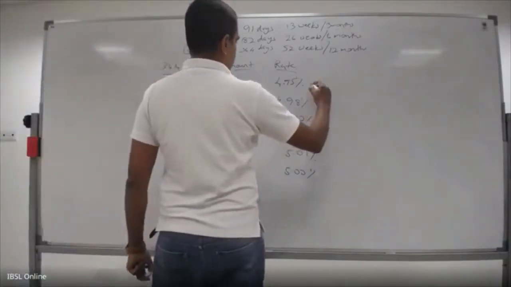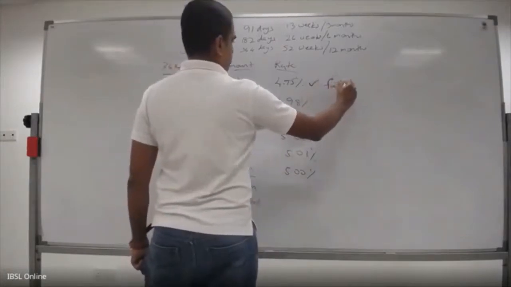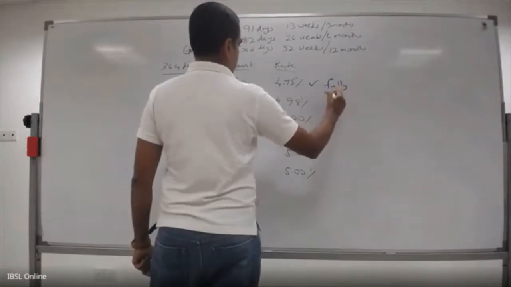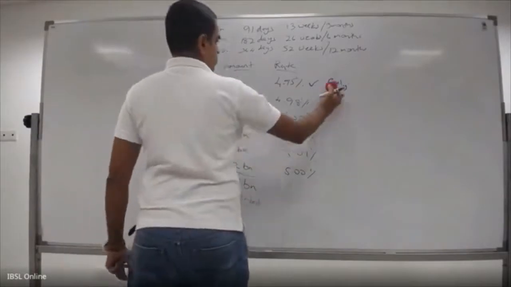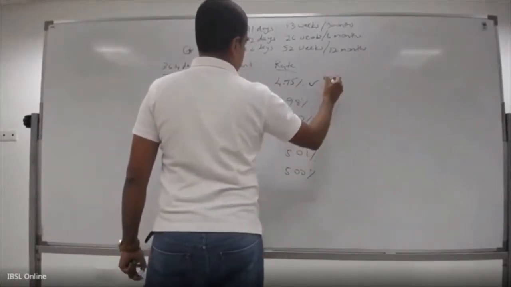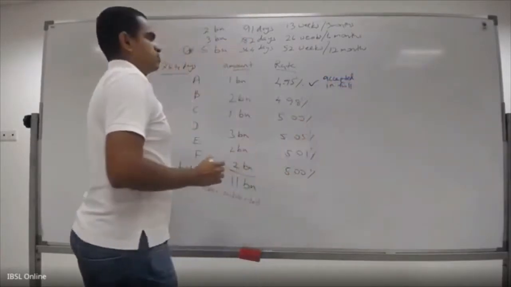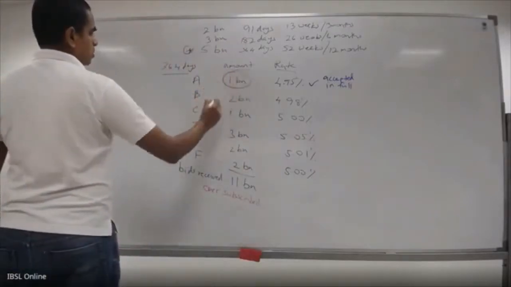Fully accepted. This will be accepted in full. They'll take 1 billion at 4.95.